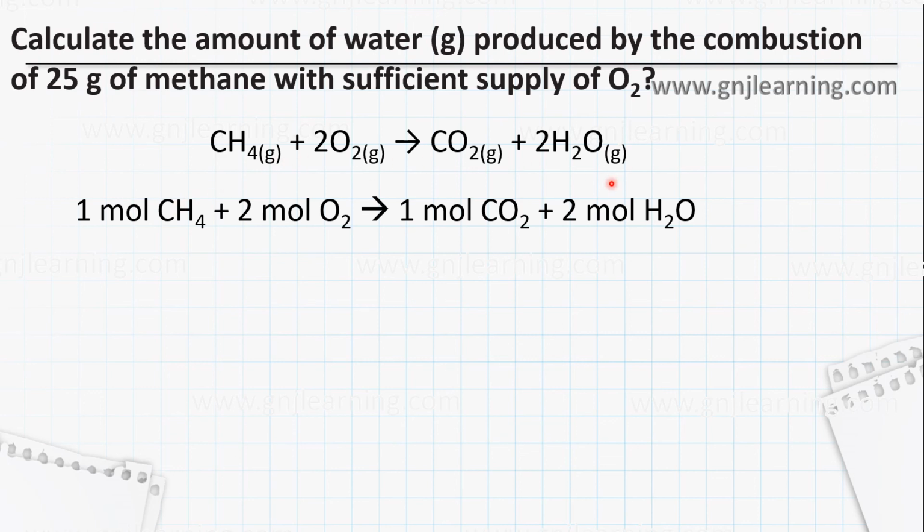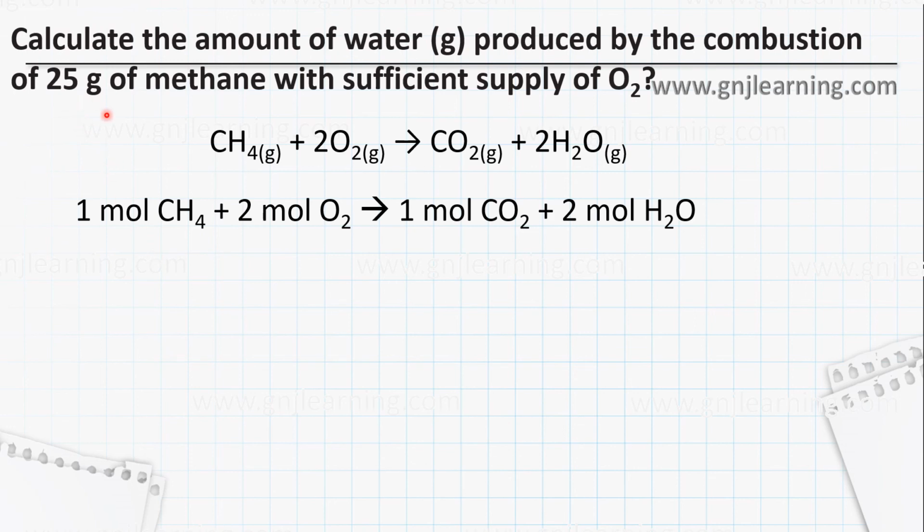So what I have to find out? Just the number of moles present in this 25 gram. How many moles of methane is present in this 25 gram? For that I will apply the formula connecting number of moles, mass and molar mass.